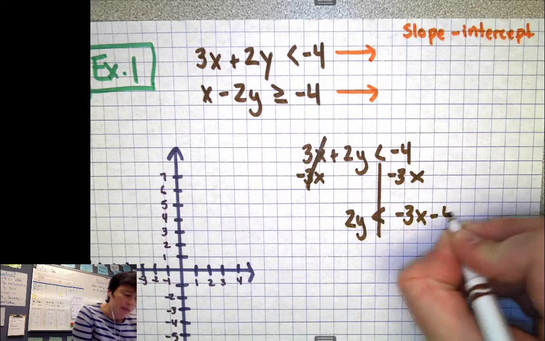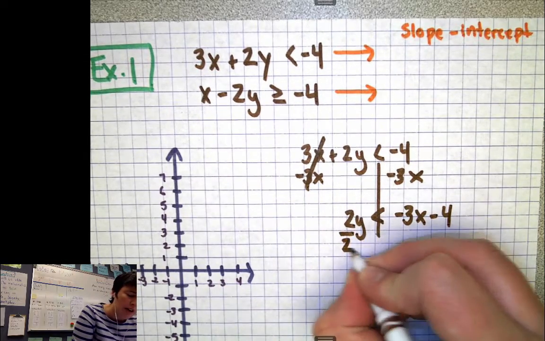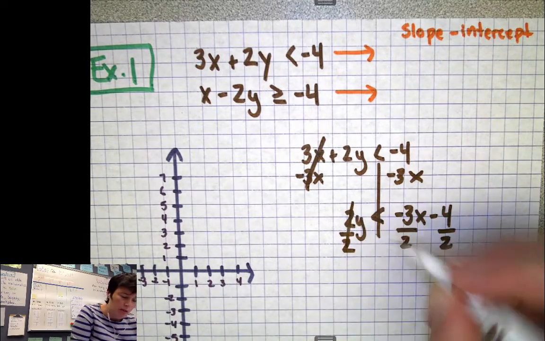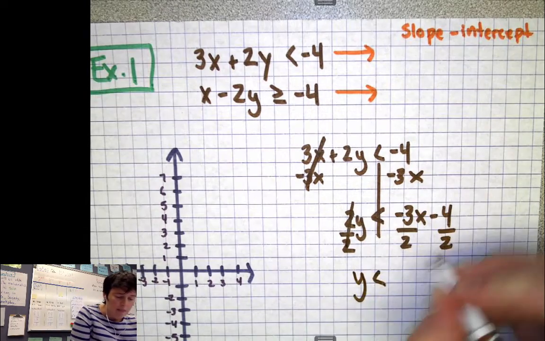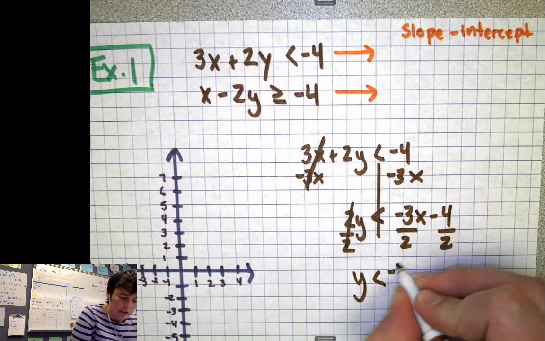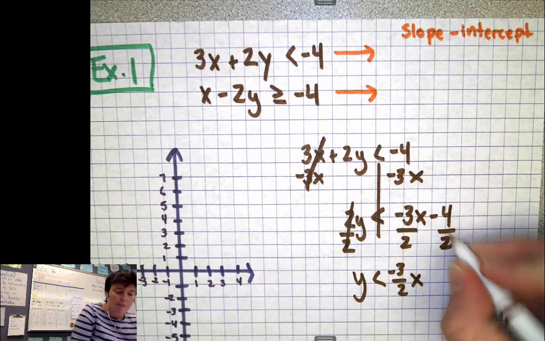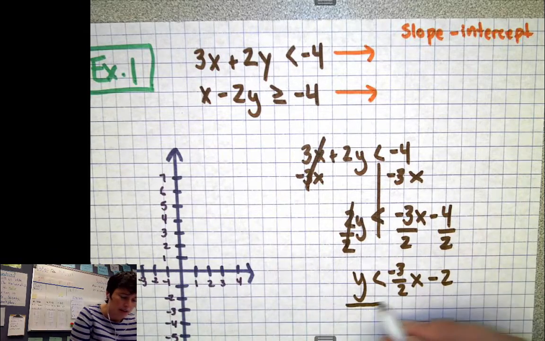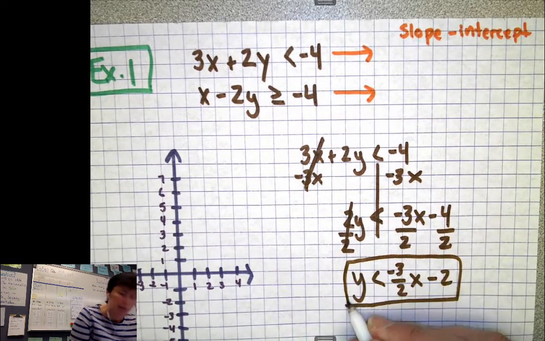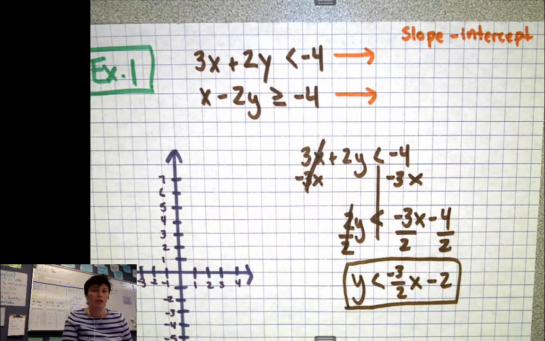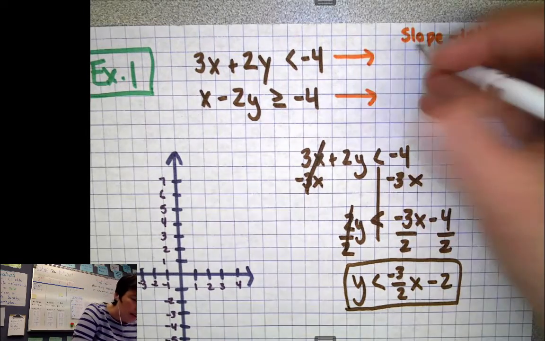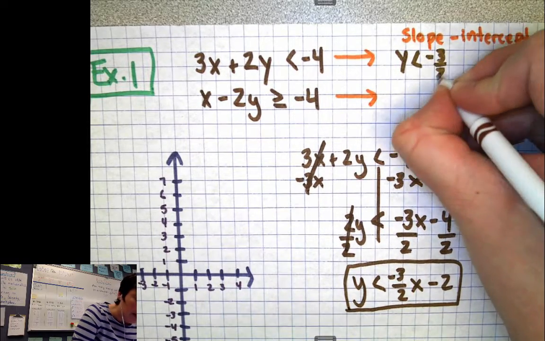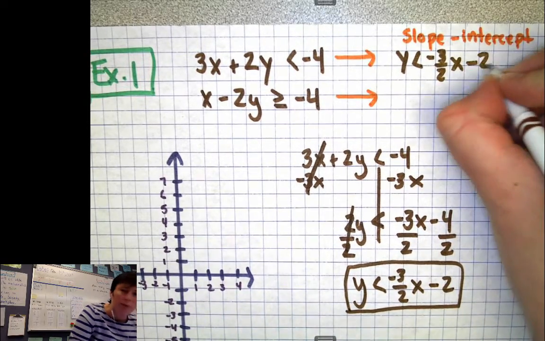Then we're going to divide the 2 away from everything to get rid of that 2. So y is less than negative 3 divided by 2, negative 3 halves x, minus 4 divided by 2 is minus 2. There we go, that's our y equals mx plus b. That looks a little bit nicer. So the first one, which I'm now going to write up here: y is less than negative 3 halves x minus 2.